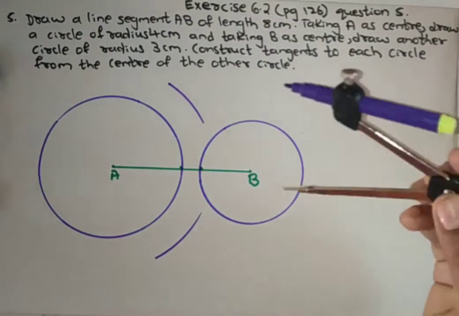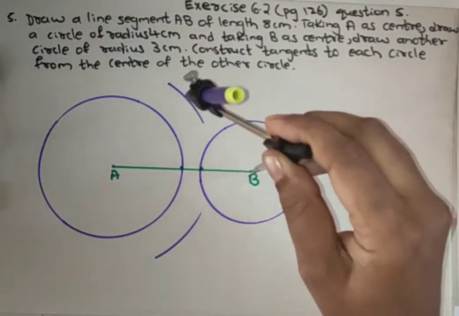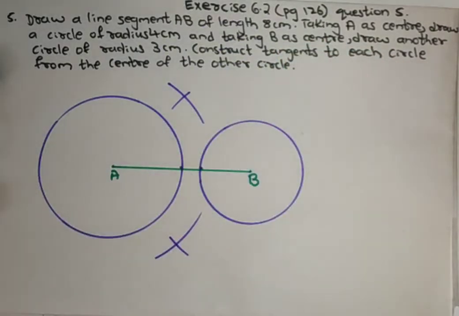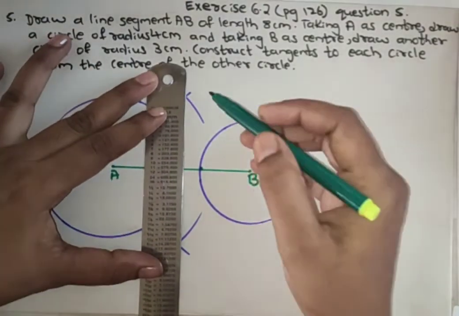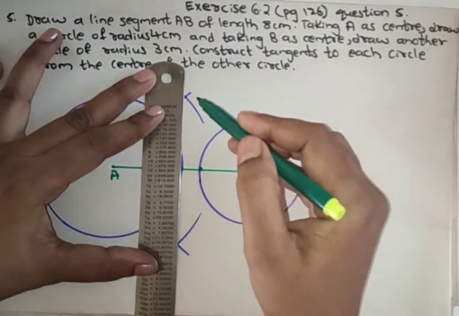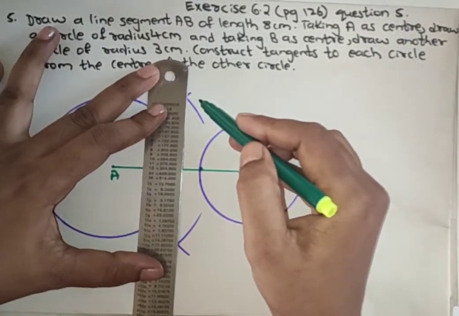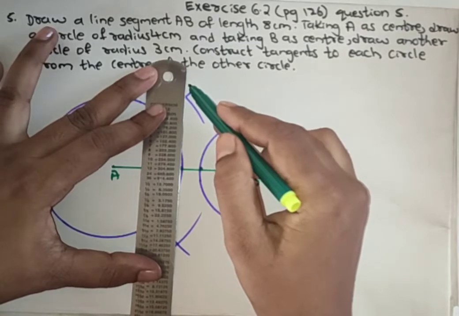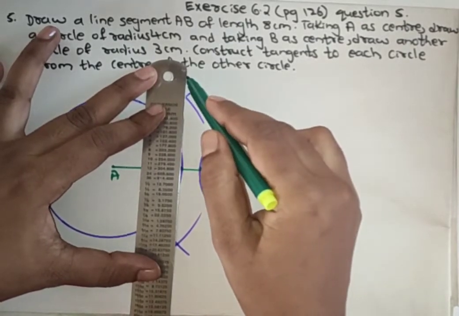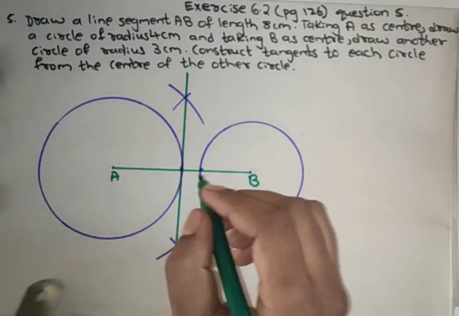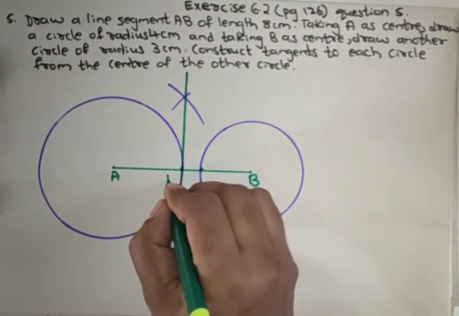Now cut an intersection arc from point B. Now join these two intersection arcs. Let the intersection point be our M.